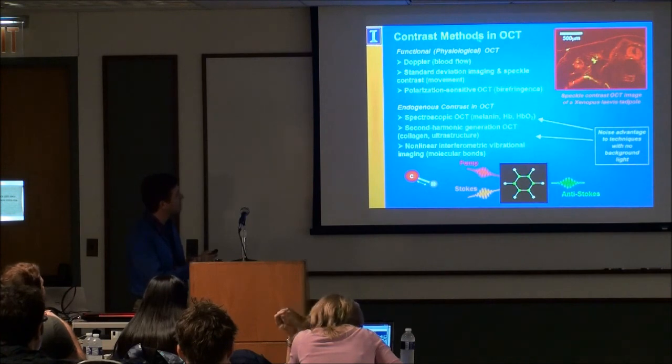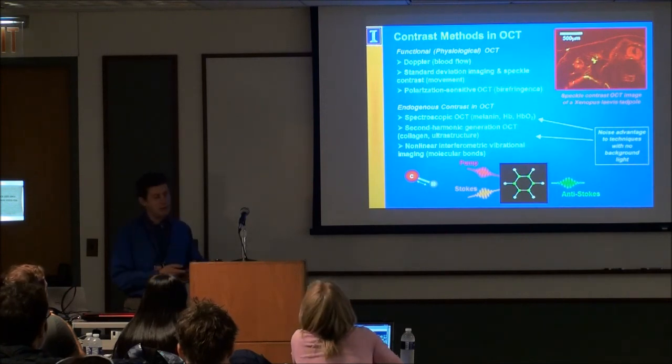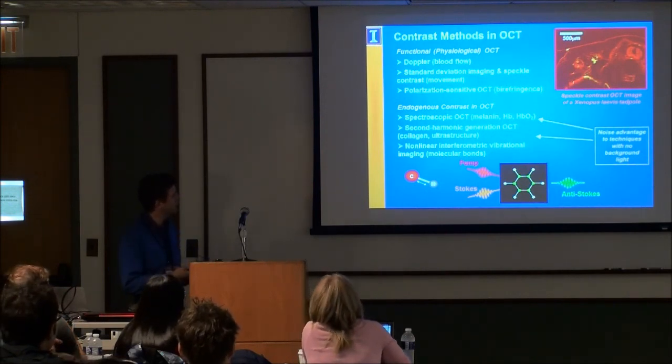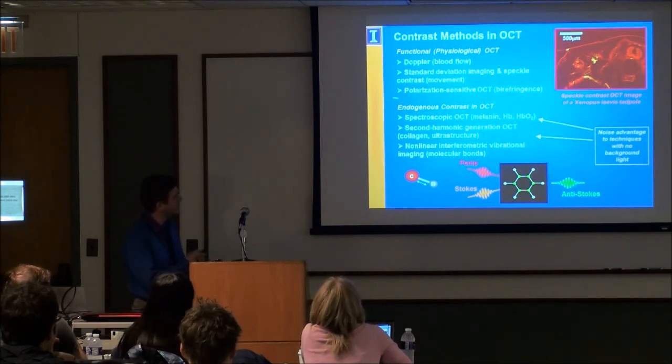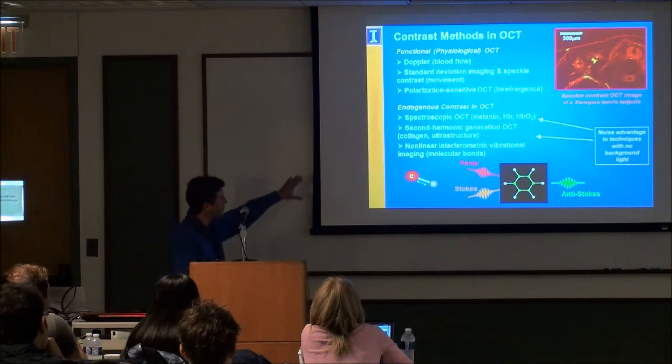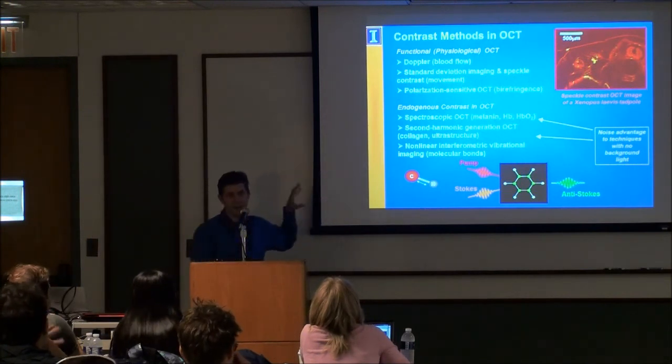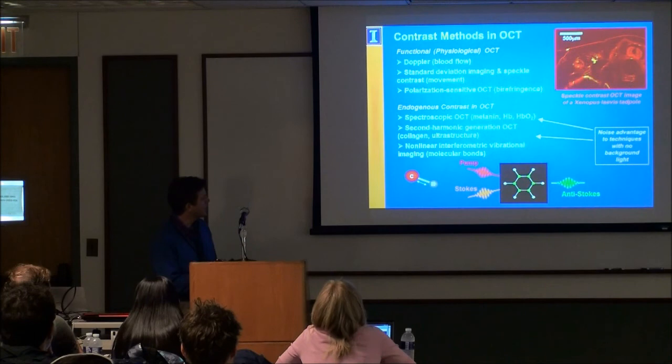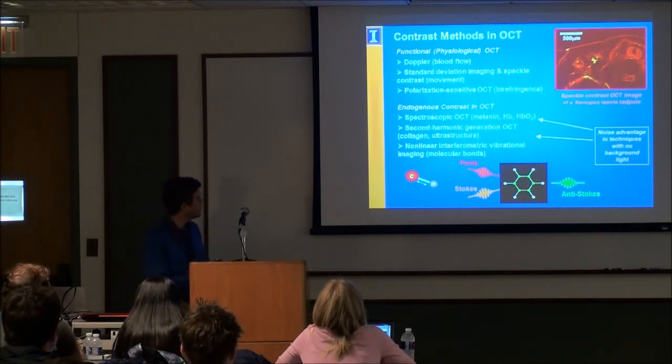There's in fact functional or physiological types of contrast: Doppler, blood flow, birefringence using PSOCT. And then there's different ways that we can add or identify endogenous contrast. So there may be spectroscopic changes between melanin and hemoglobin.